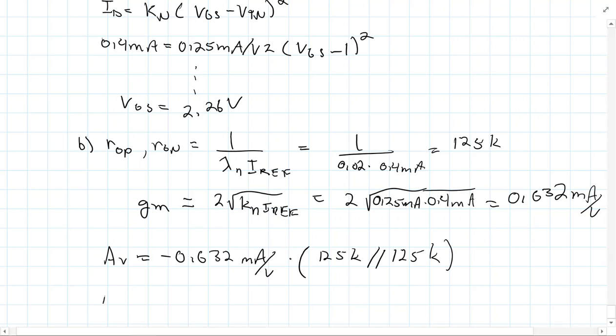Which when we do that, we get 125 divided by 2 times that, and we get that the gain is negative 39.5.